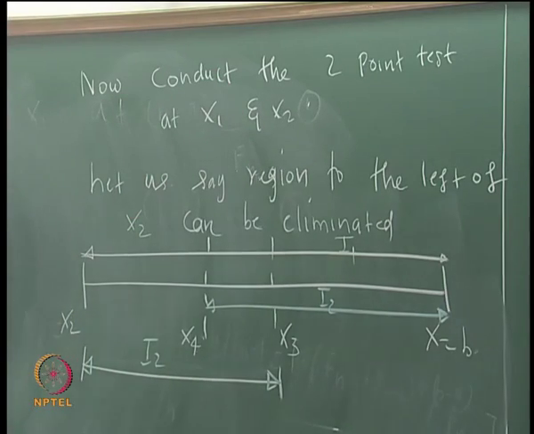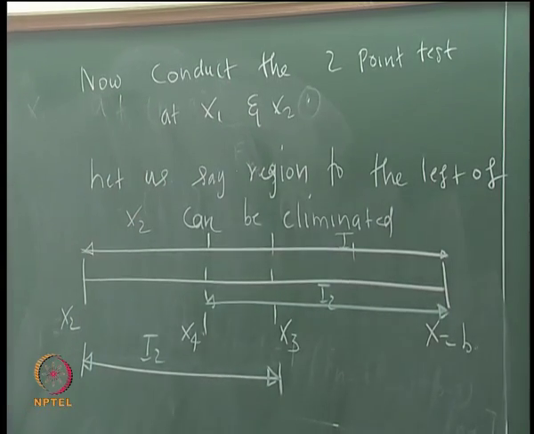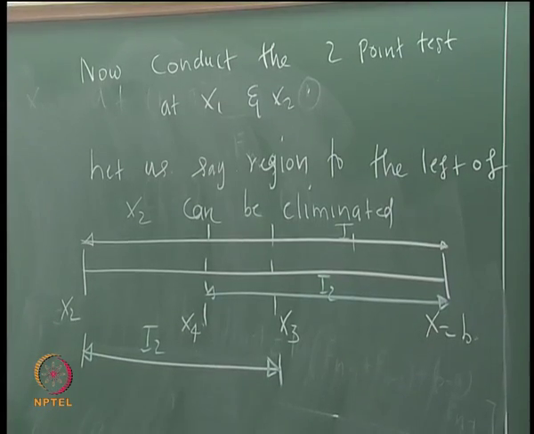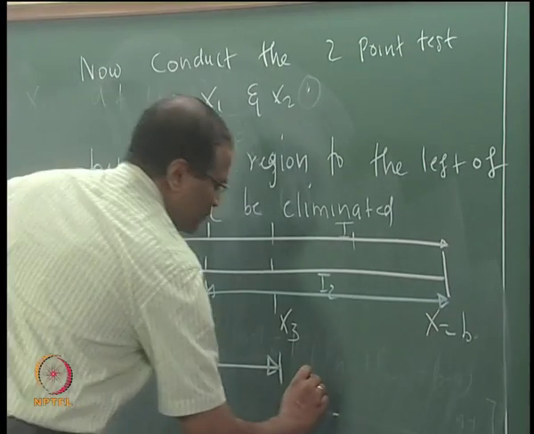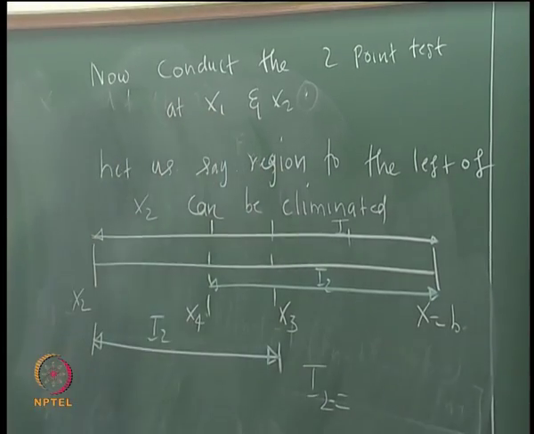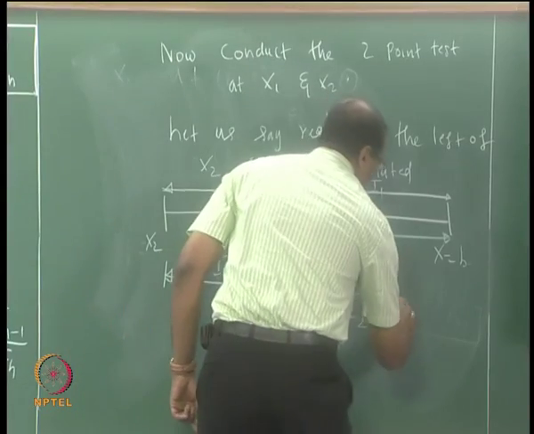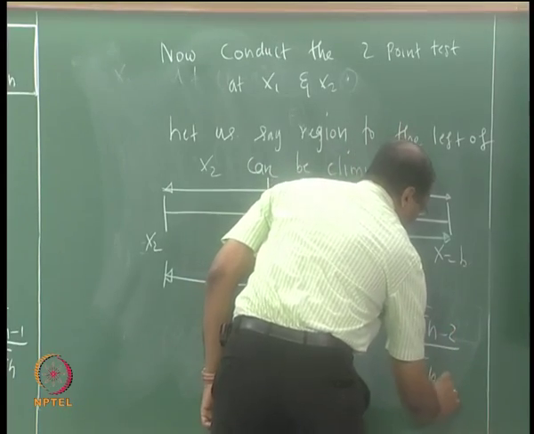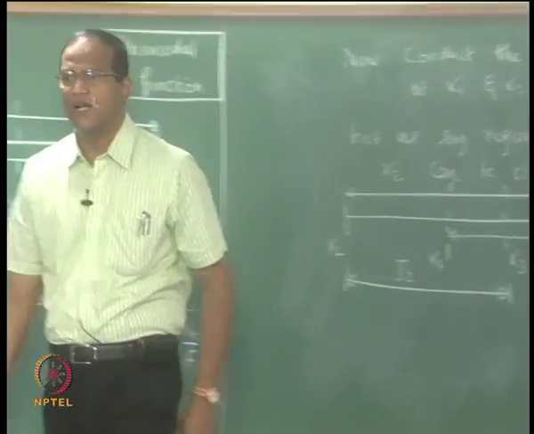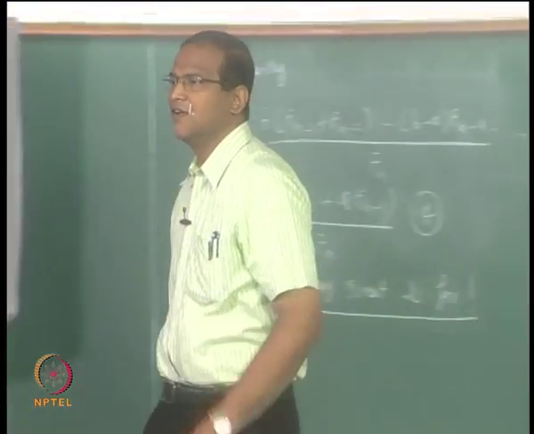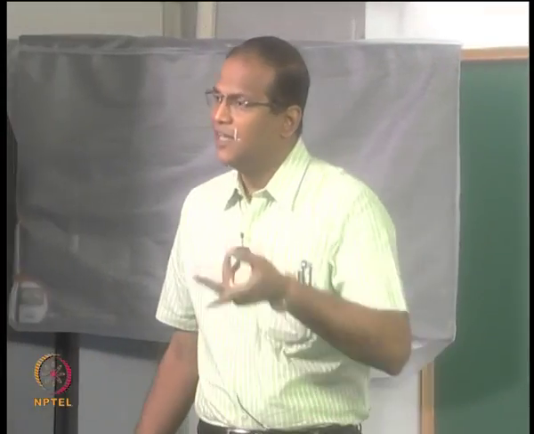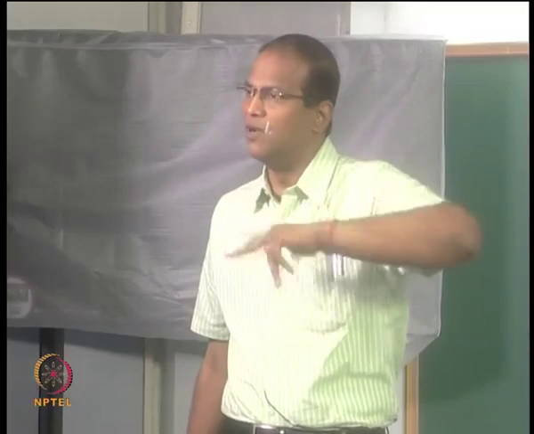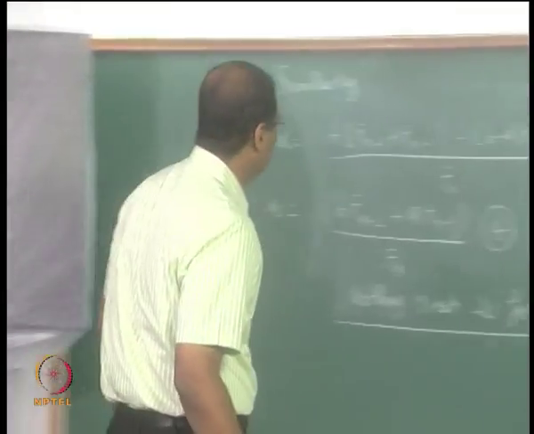So what is our friend I2? I2 is I1 into... You remember in the last class we took 5 by 8, the next one was 3 by 5, next will be 2 by 3, you have to go backwards.